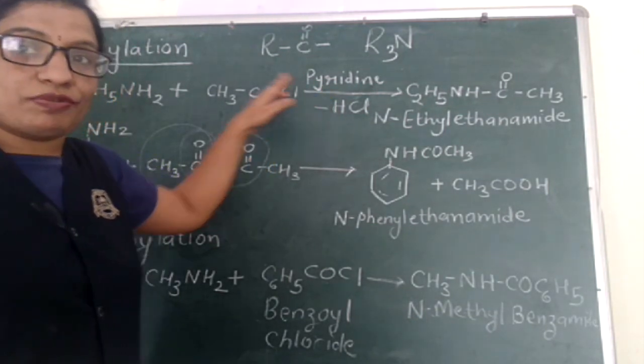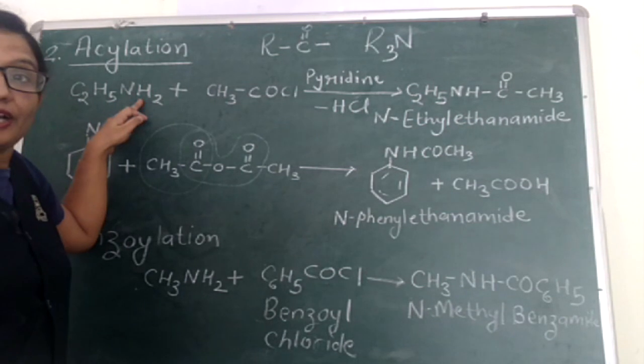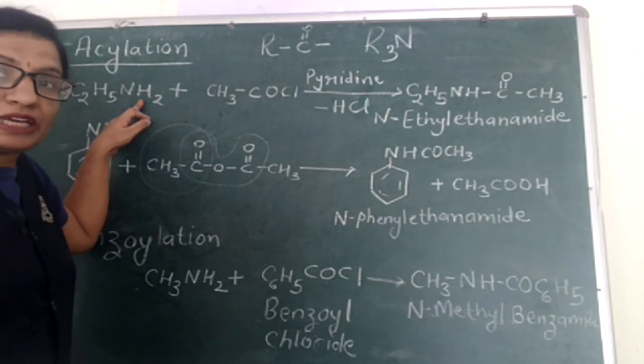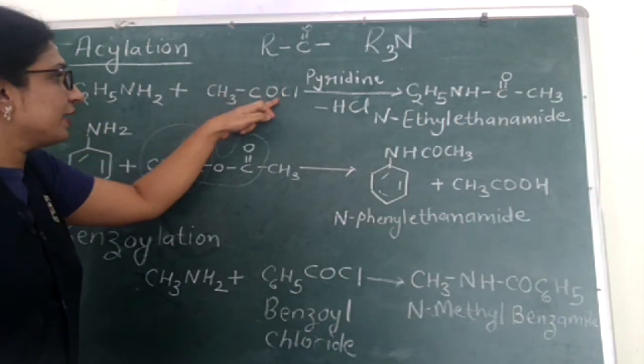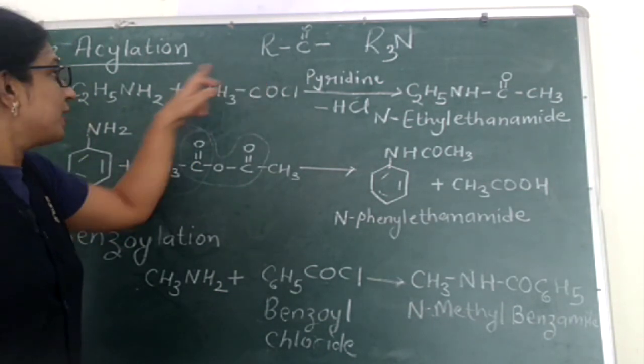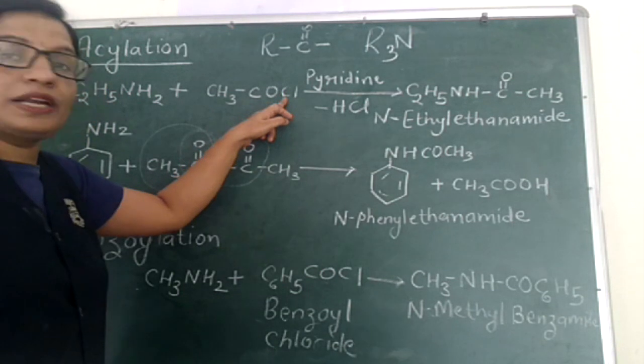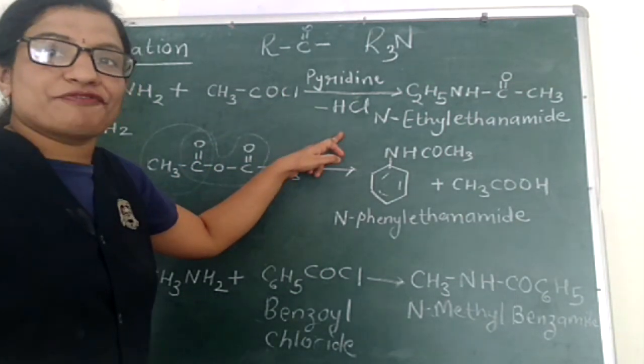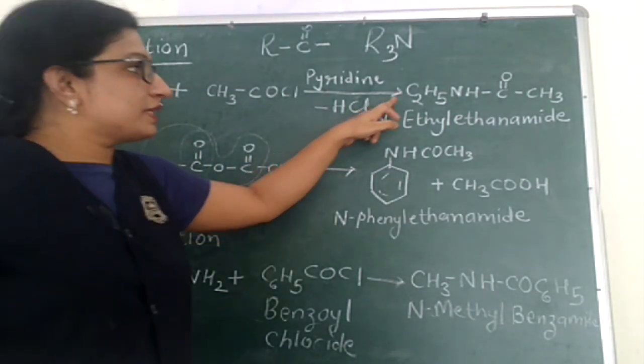Now acylation will take place. One of the hydrogen atoms of this primary amine will be replaced by this COR, that is the acyl group, and one hydrogen and chlorine combined will be removed in the form of HCl.